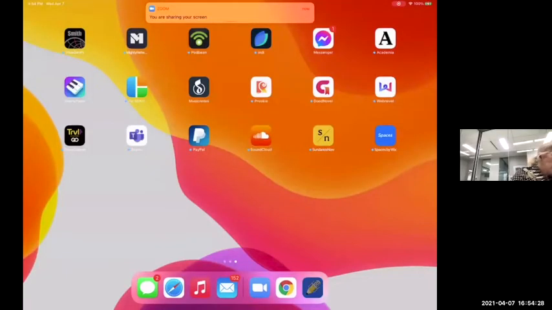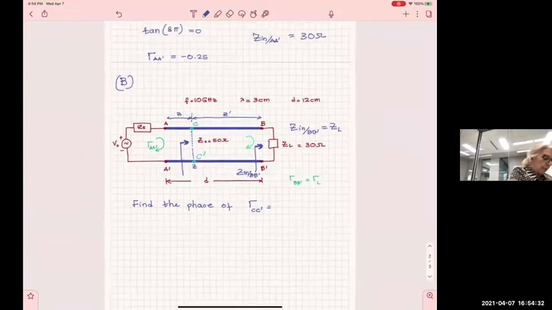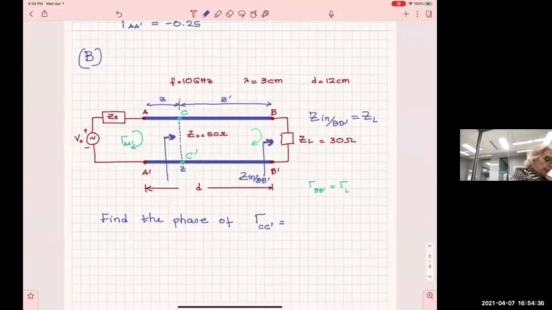Okay. So what I did is that I moved down to the same next page. I have the same problem, and I'm asking now to look at the reflection coefficient at C prime, and then find the phase. Then confirm with the general expression with the values at BB prime, which I found before, and at AA prime.